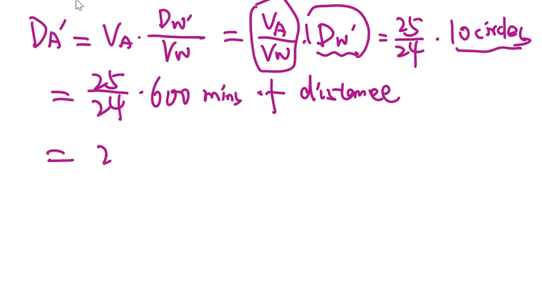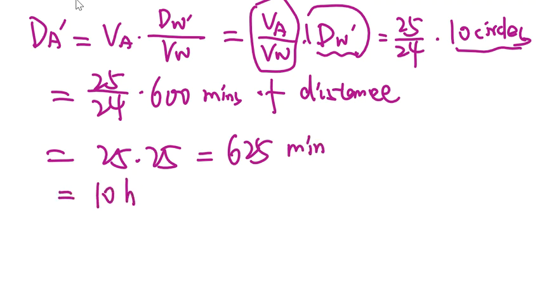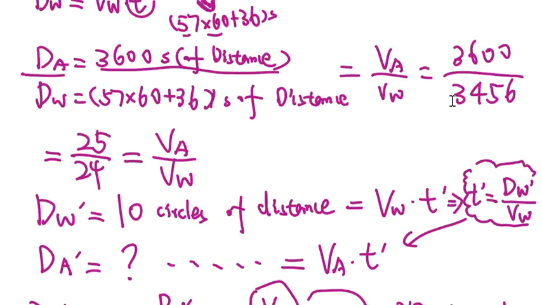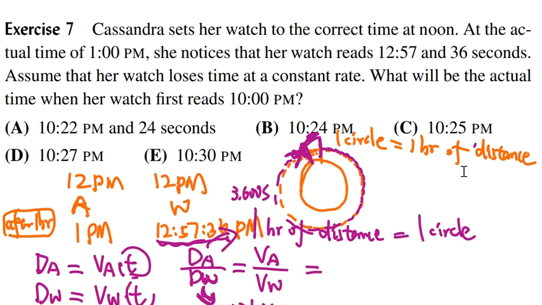It is going to be 25 times 25, which is 625 minutes, and 625 minutes is equal to 10 hours and 25 minutes. So the answer is also 10:25 p.m. All right. So this is how we do it. It asks us about the time, right? But it is actually a distance kind of problem.